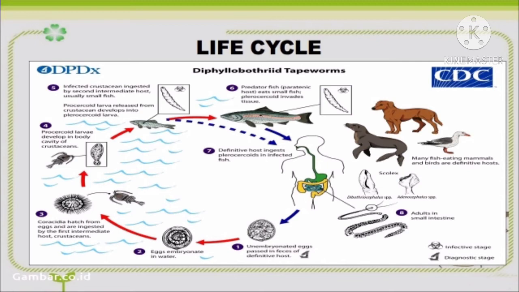So in 5th stage, so when the procercoid larvae are released gikan sa crustaceans nga gikaon by the second intermediate host, usually in mga small fishes, then mag-migrate dayon ang larvae into sa deeper tissues, where dito sila mag-develop into plerocercoid larvae, which is infectious na siya sa dira nga stage because of its one of the definitive host nga crustaceans nga iyahang gikaon.